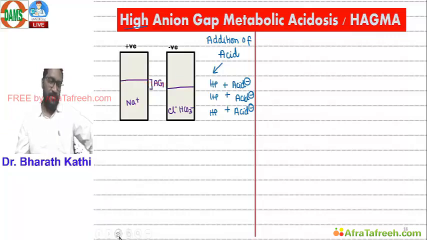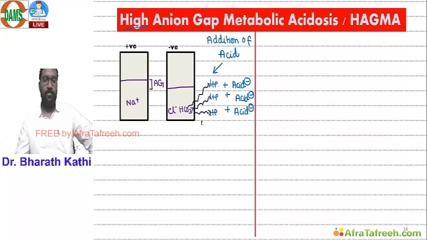Whenever H plus is increasing in your body, what is the most important buffer for H plus? Bicarbonate. So to fight against this excess H plus, this bicarbonate is consumed as buffer. Because bicarbonate is getting consumed, this phenomenon is called metabolic acidosis.